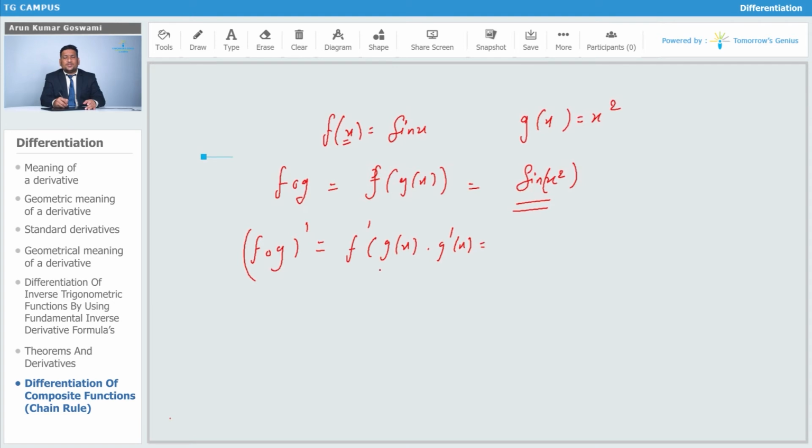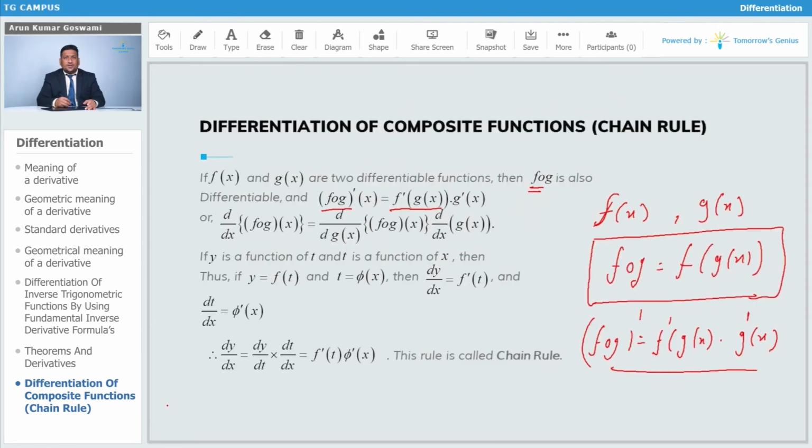I'm writing the formula parallelly. It means f dash of g of x is nothing but cos of x square, and the differentiation of differentiation of sine x is cos x, into the internal part, g of x, which is x square. The differentiation of x square is nothing but 2x. So the differentiation of fog comes as 2x cos of x square. Now hope this is clear to you.